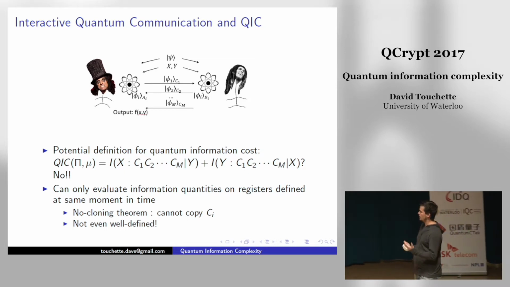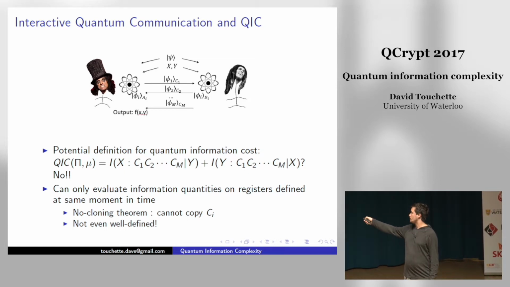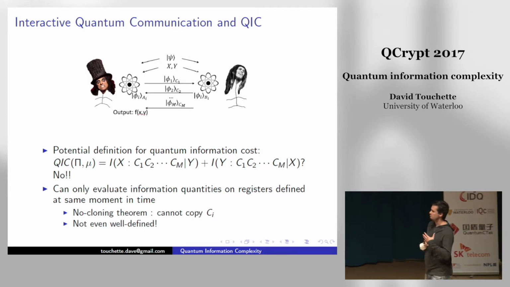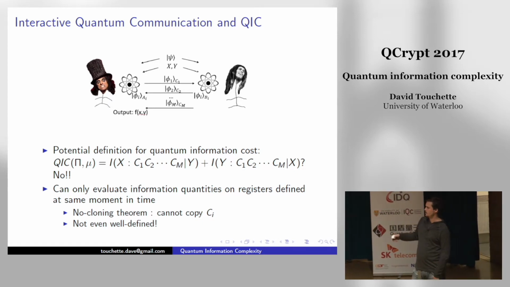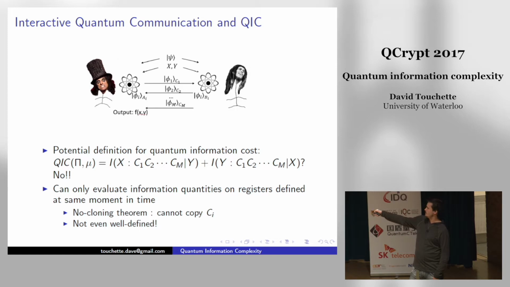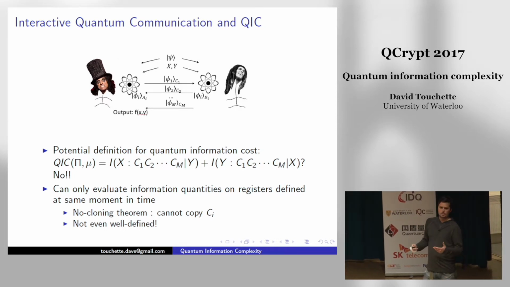Okay. And well, if we have quantum messages, this is not a possible way to do it, and it's not even well defined. If these messages are quantum, the no-cloning theorem forbids us to make copies of them, and then at the end of the protocol, these messages don't live at the same time.